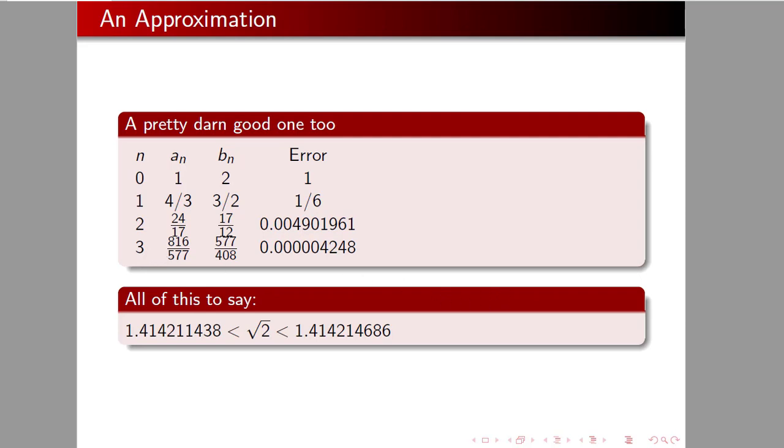This is a good way of approximating the square root of 2, and so our real numbers are going to be intervals approximating, intervals of rational numbers, an upper bound and a lower bound. And we'll talk more about this in our next lecture.